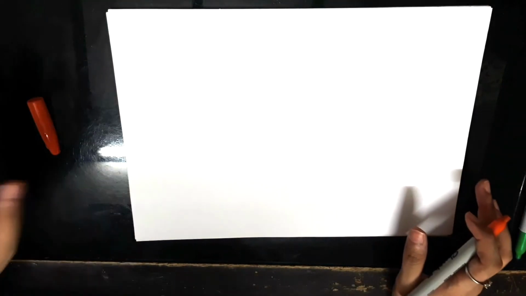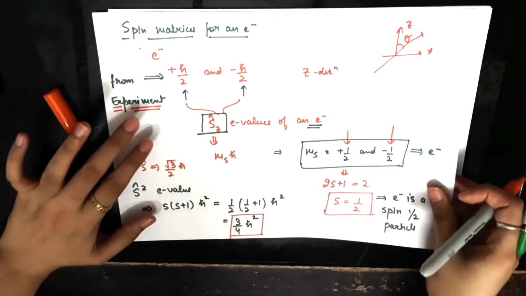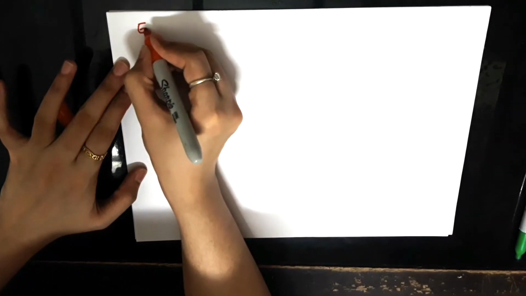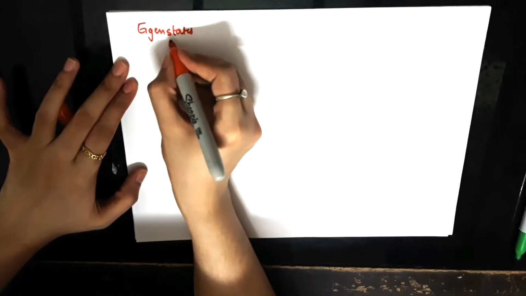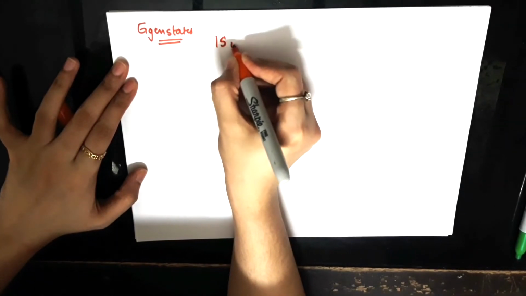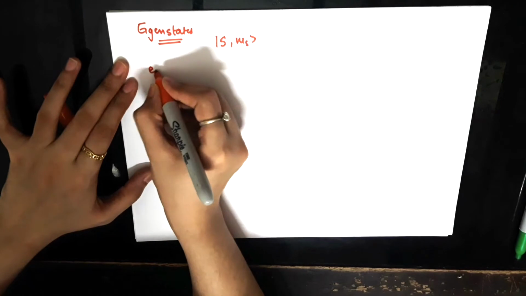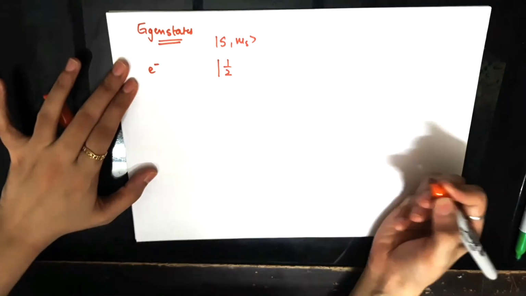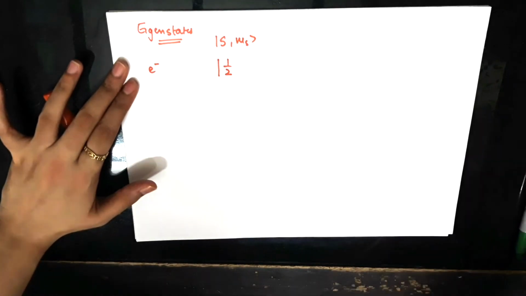So the aim of this video is to find out the form of the matrices of the spin operator. One thing is that because I have just two eigenvalues in the Hilbert space, how would my eigenstates look in my abstract representation? The eigenstates have the form |s, ms>. For the case of electrons, s is always half. That comes from the experimental data.